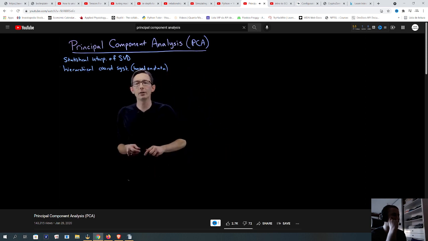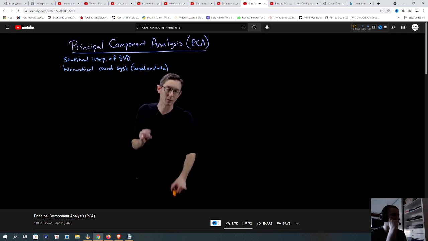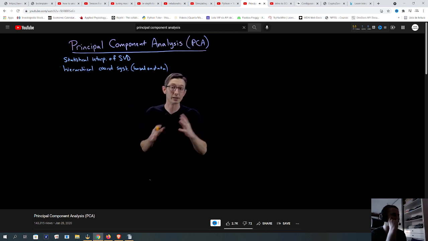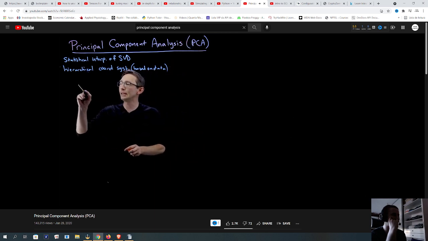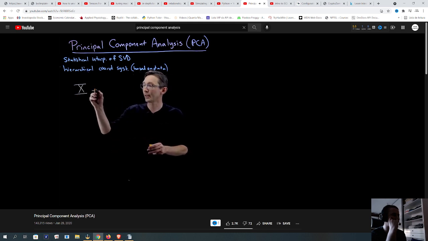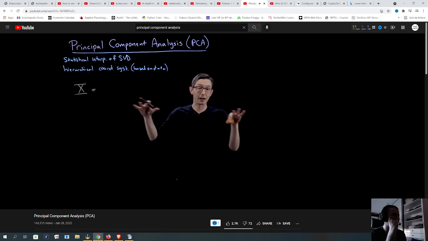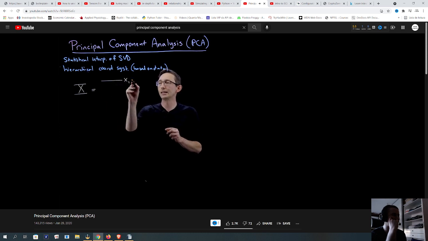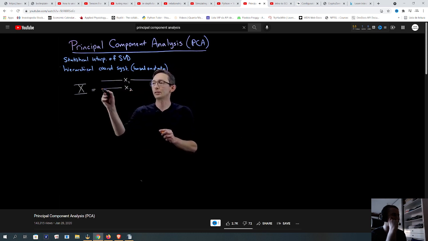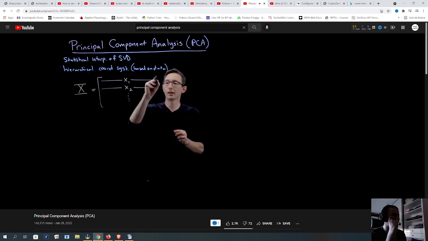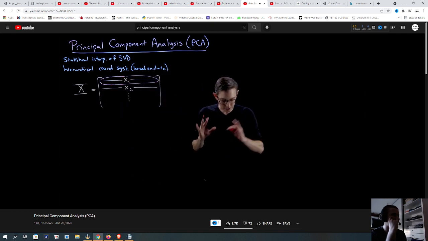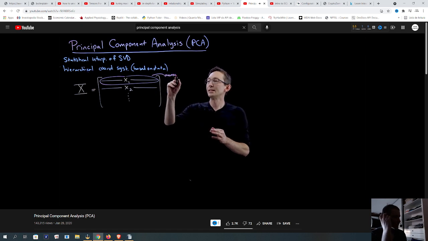And the notation here is going to be a little different than what we're used to, and that's because the PCA literature and the SVD literature have different conventions about what the matrix looks like. So in the PCA literature, we still have a data matrix X, and it still has a bunch of measurements from independent experiments. But here we're going to represent those independent experiments as big row vectors, x1, x2, and so on and so forth. Each row vector x is measurements from a single experiment.